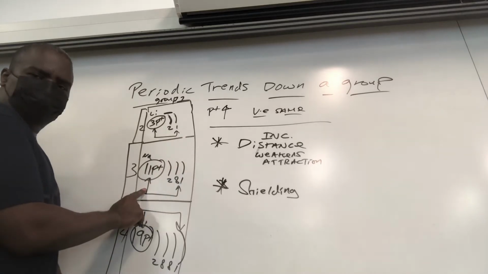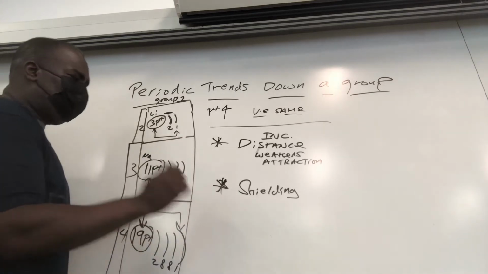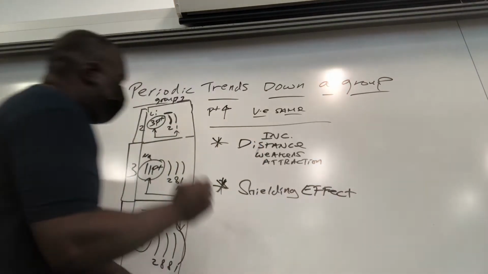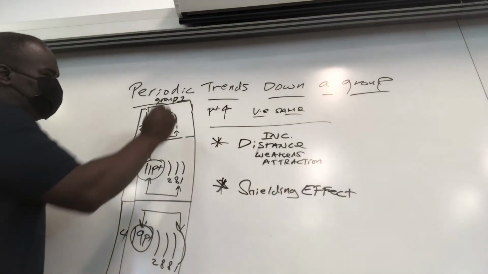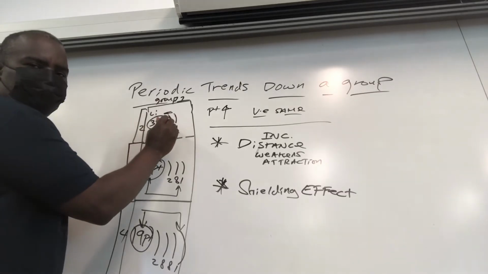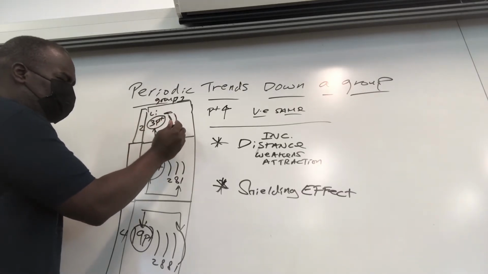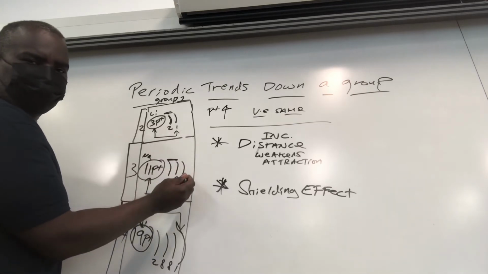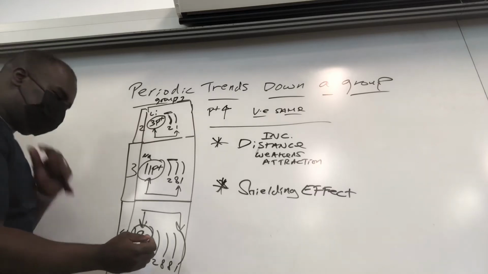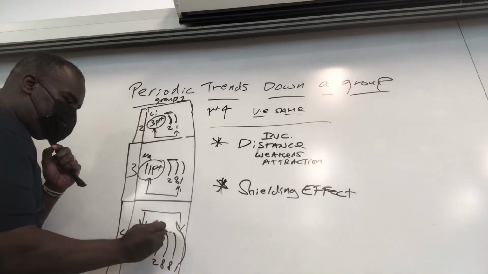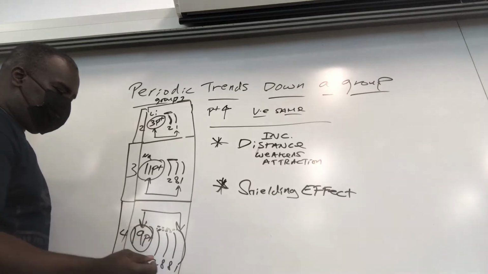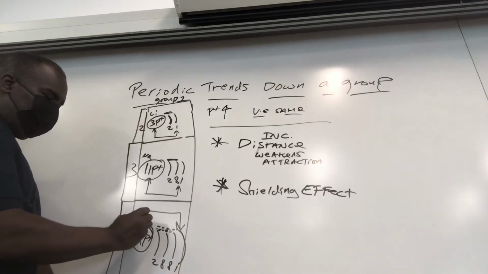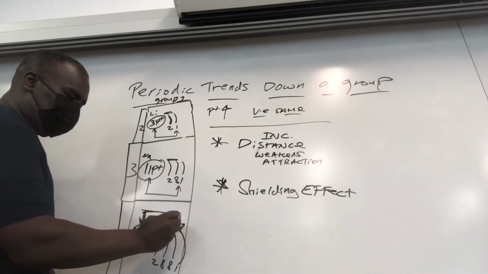So it's called the shielding effect. As we go progressively down, we notice this guy right here has one energy level blocking the valence shell. These guys have two energy levels, two shells, blocking the valence shell. Now in potassium, you have three shells that are blocking the valence shell in terms of the attraction between the protons in the nucleus and the valence electrons.